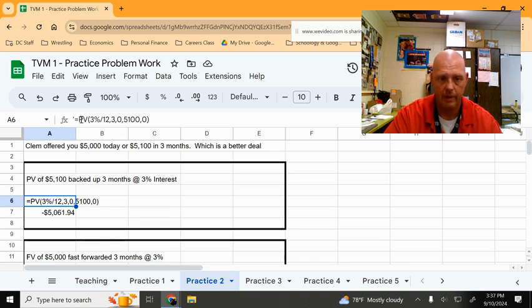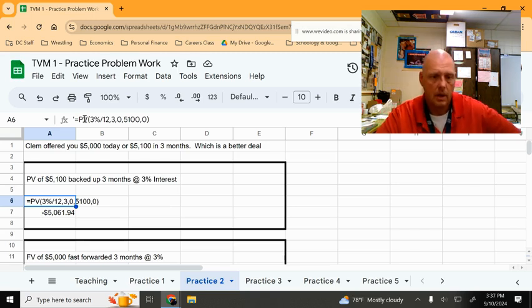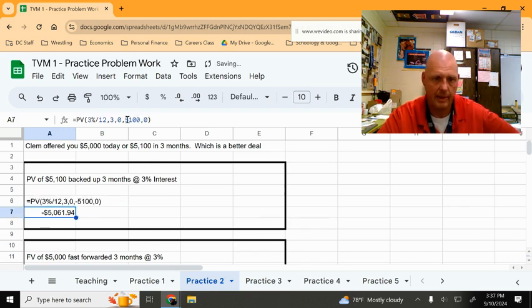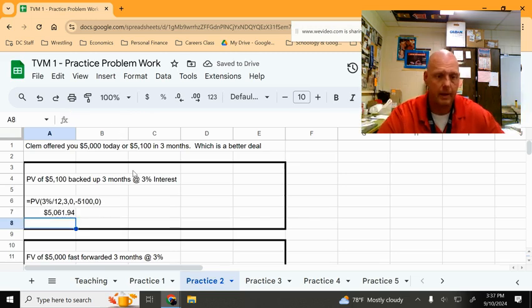So what is the present value of something that is at 3% annual interest, compounded monthly, over a 3-month period of time? We put in $5,100. We go ahead and back that math up, and what is that money really worth today?